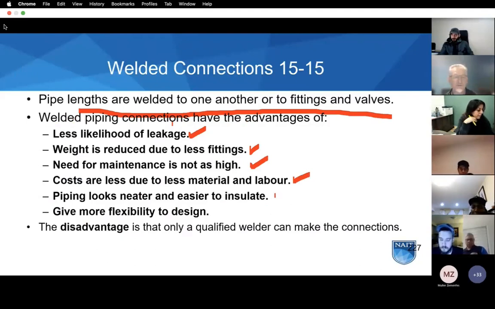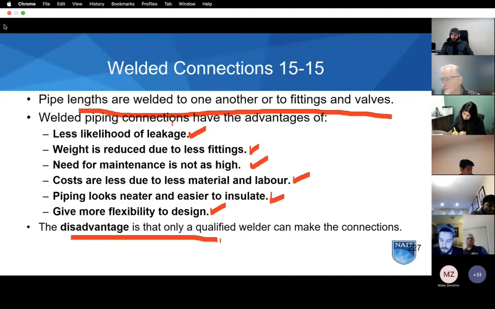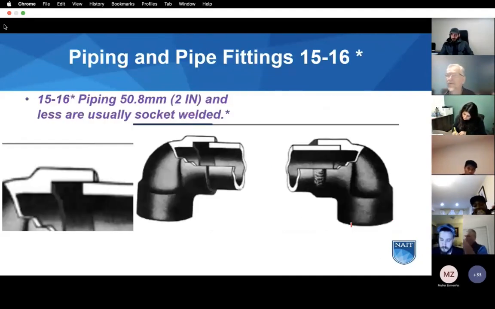The joints are smooth, can be made perfectly unnoticeable, so easy to insulate and clad the piping. More flexibility to design. You can design whatever you want and a welder can build it for you. Disadvantages: only a qualified welder can make the connections.